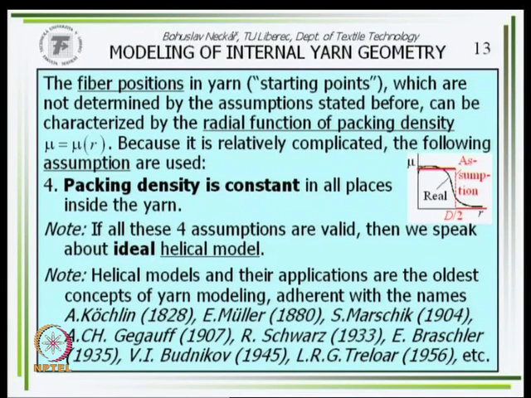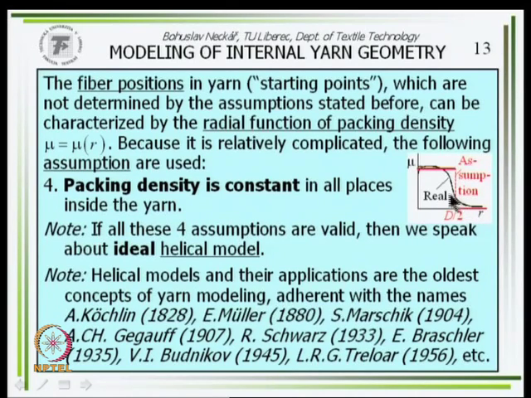We can obtain it experimentally, based on a not too easy experimental process, or make some mechanical model of the yarn, also not too easy. Therefore, we often use a fourth assumption for simplification of our problems.